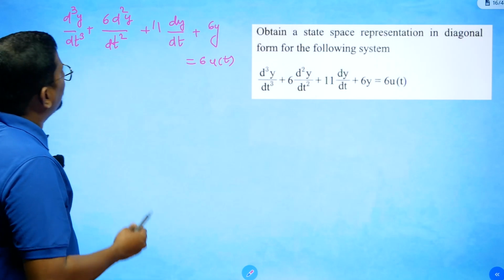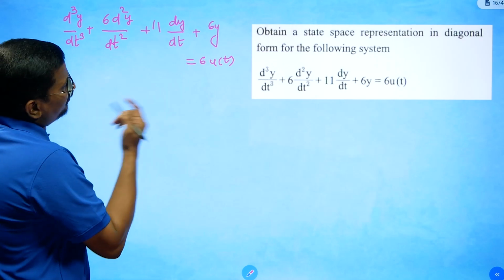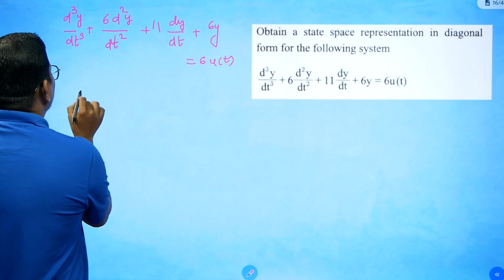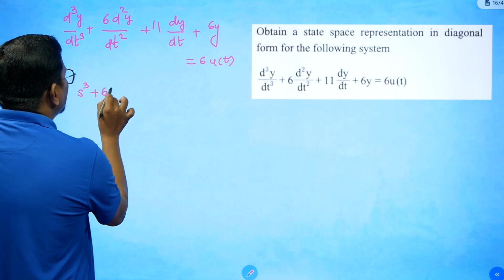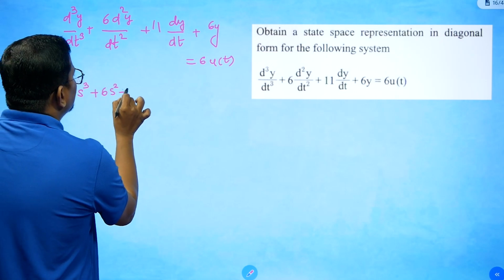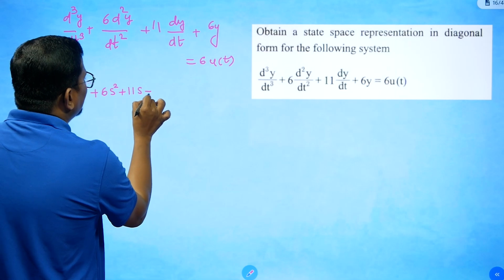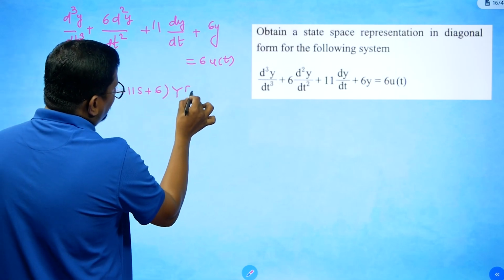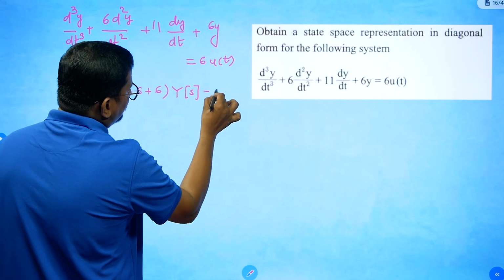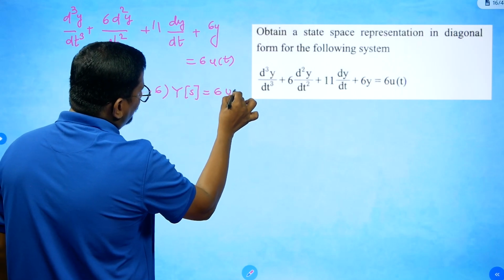Okay. So let us apply Laplace transform on both sides. Then I will get (s cube plus 6s square plus 11s plus 6) into Y(s) is equal to 6 into U(s).